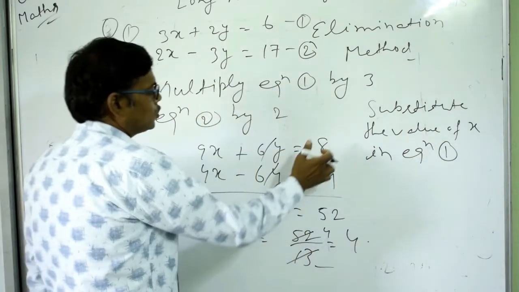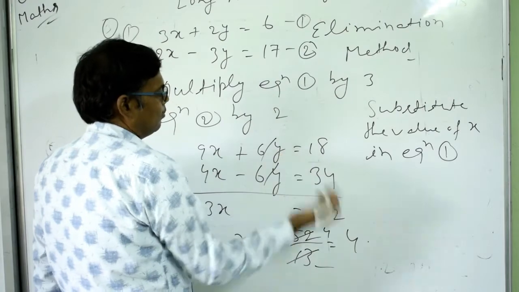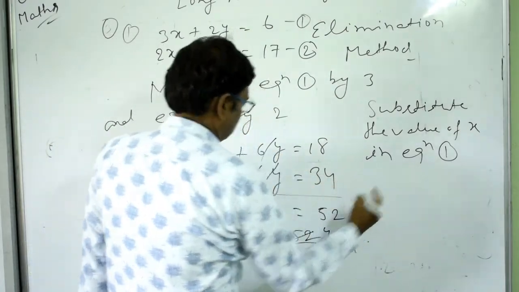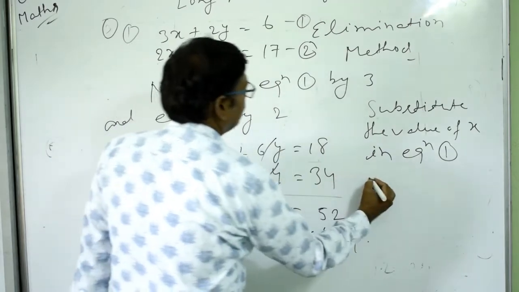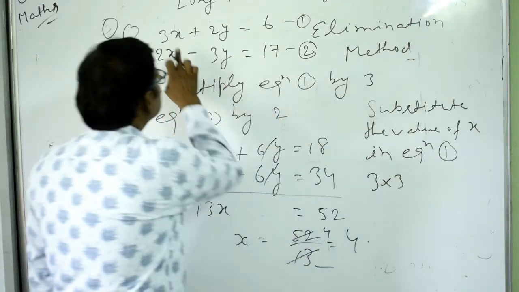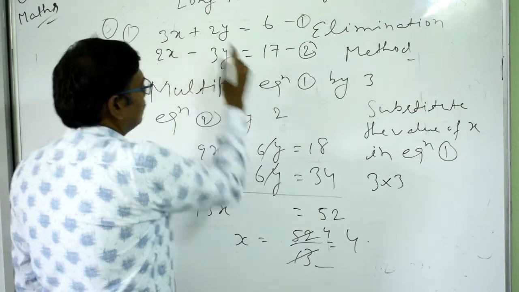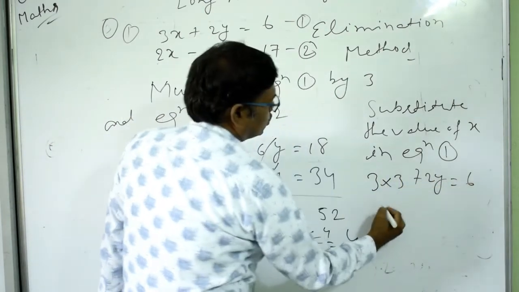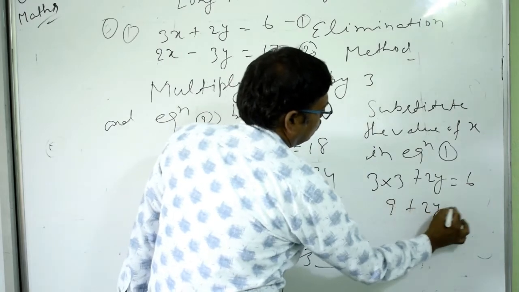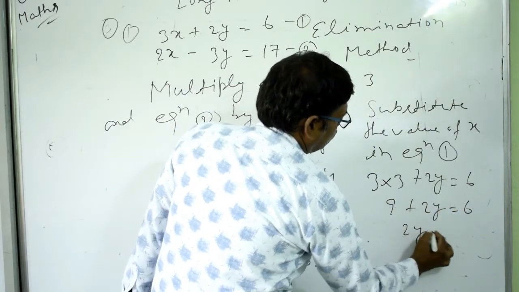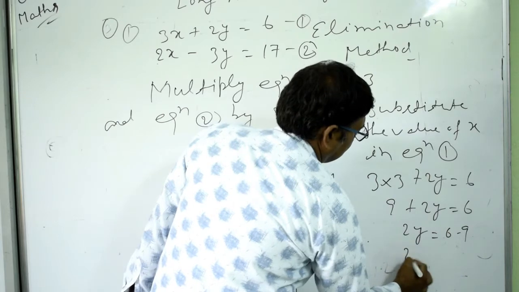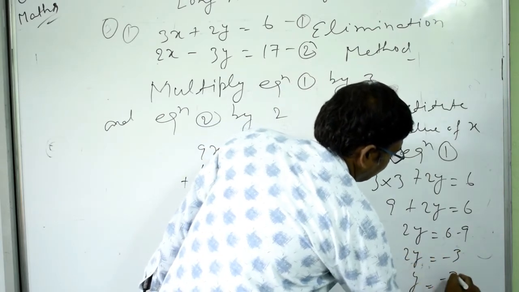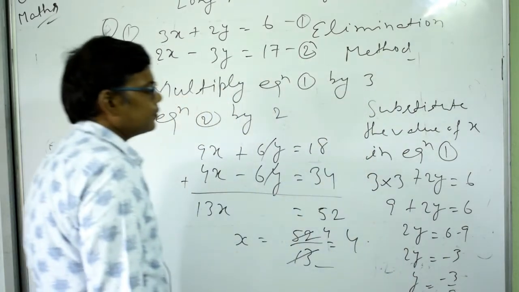Now the value of x is 4, so you have 3 into 4 plus 2y equal to 6. So 3 fours are 12... 3 into 4 is 12 plus 2y equal to 6.